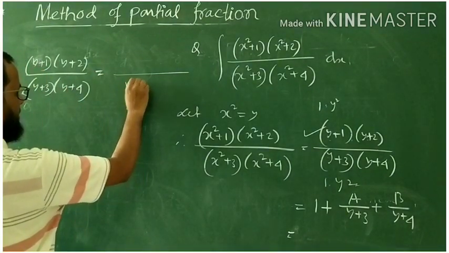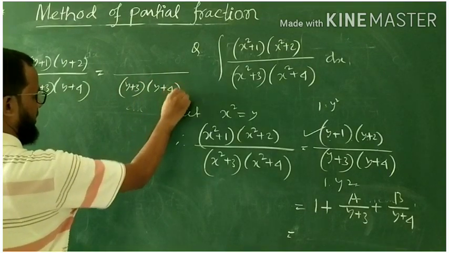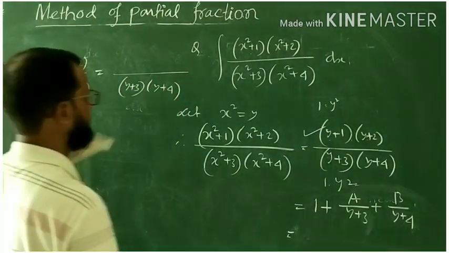Denominator will be y plus 3 into y plus 4, and numerator will be what?